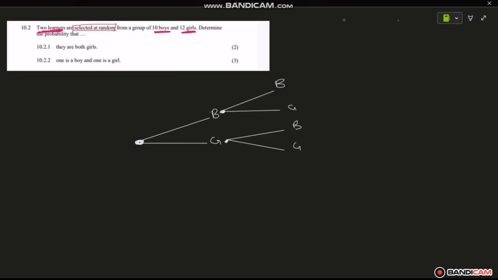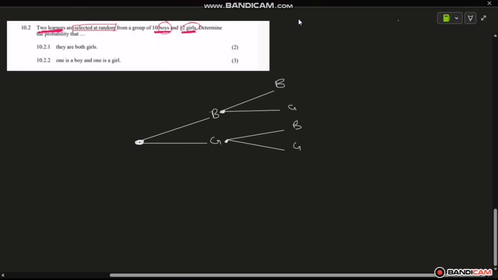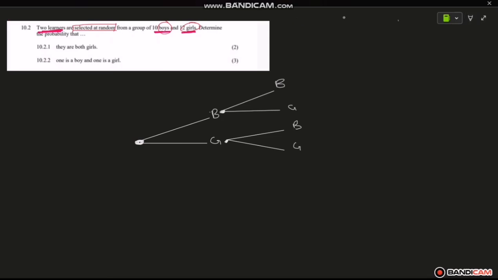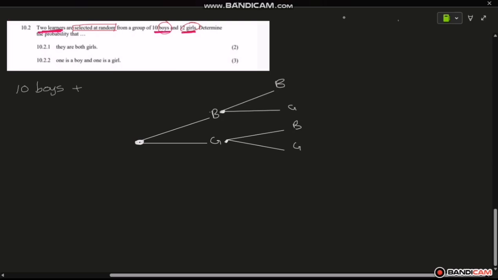Now the total of these two genders, I'm not sure if gender has a plural form. Okay, we have 10 boys plus 12 girls.